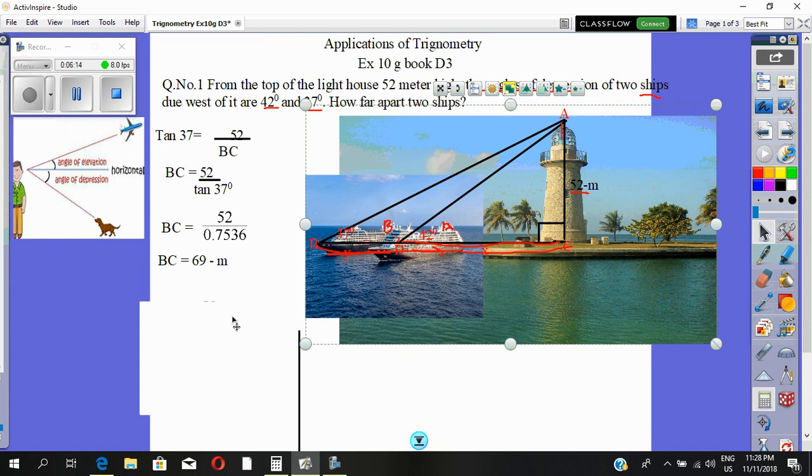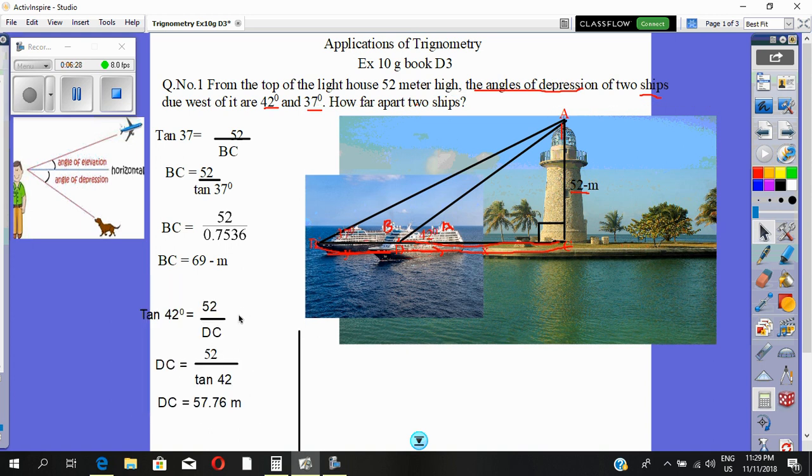Now if we want to find DC, then we subtract DC from BC to get BD. Let's see. With the help of tan 42, we have opposite 52 and adjacent DC, so DC equals 52 by tan 42.